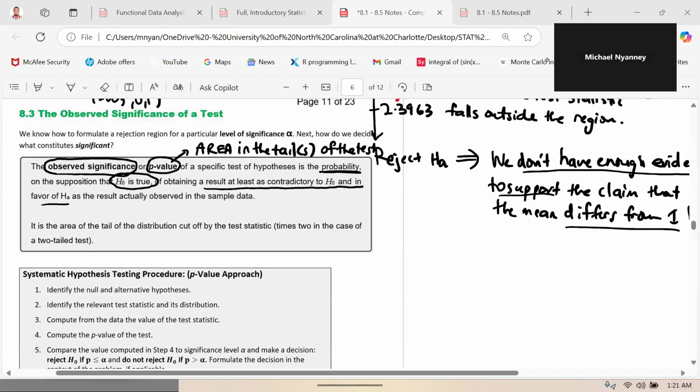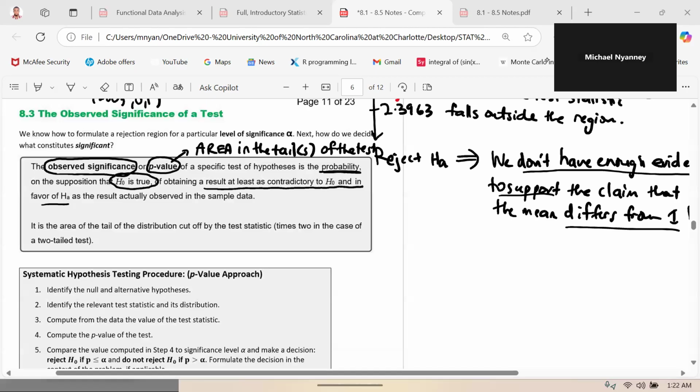Okay, so in case you don't want to use the critical value approach in making a decision, you can use the p-value approach. So the steps actually hold, but for now, you wouldn't determine the z alpha or z alpha over 2. All you need is to determine what? The p-value.